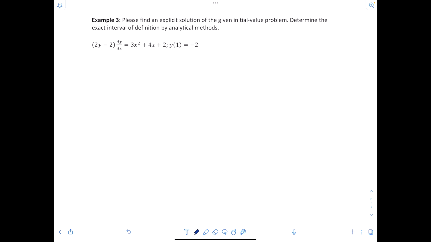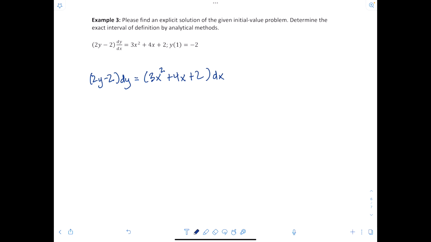So that's kind of nice. So we'll just multiply both sides by dx. We'll have 2y minus 2 times dy is equal to the quantity 3x squared plus 4x plus 2 times dx.